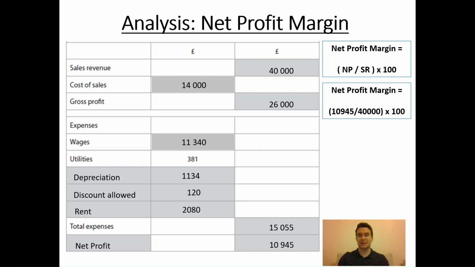So in this case, it would be 10,945 divided by 40,000 times by 100, giving us a net profit margin of 27.36%. Once again, similar to gross profit margin, it simply shows the amount of sales revenue which has ended up in the end as net profit. We can compare it to previous years. Alternatively, we can compare it to other organisations to see if it's good or not.